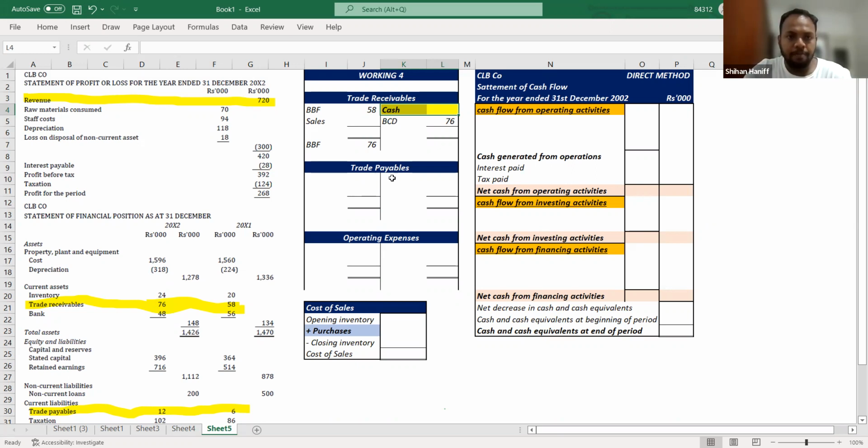So to find out the trade payables, we have opening balance, closing balance. Opening balance is 6,000, closing balance 12,000. And we need purchases. Difference is cash.